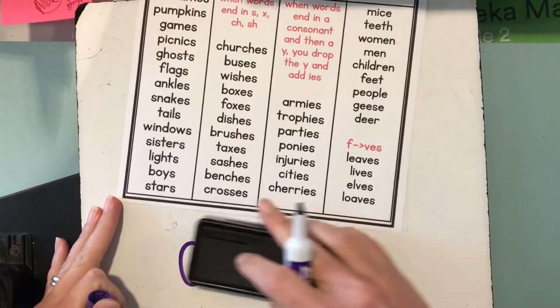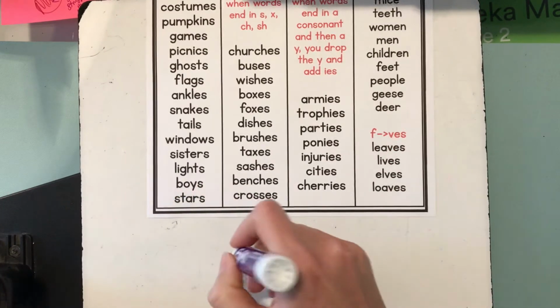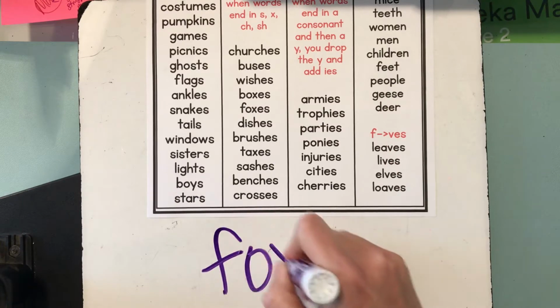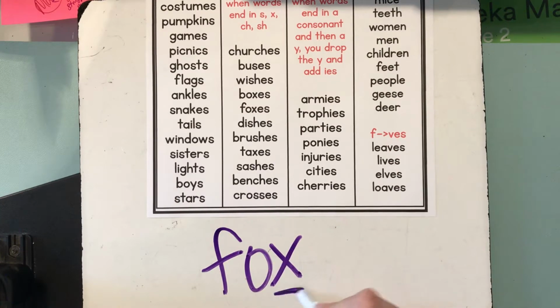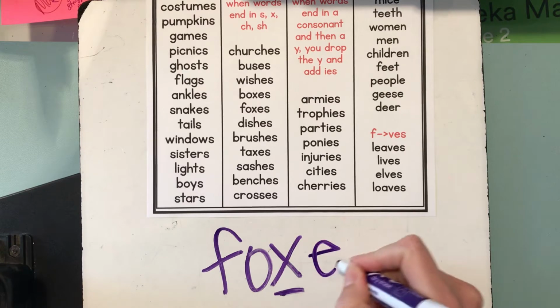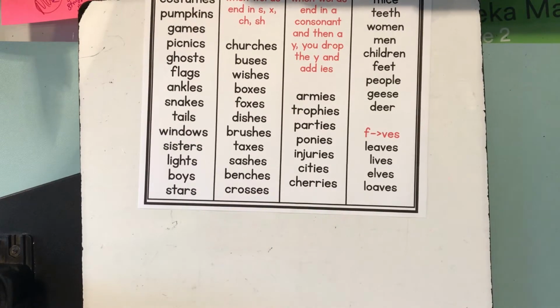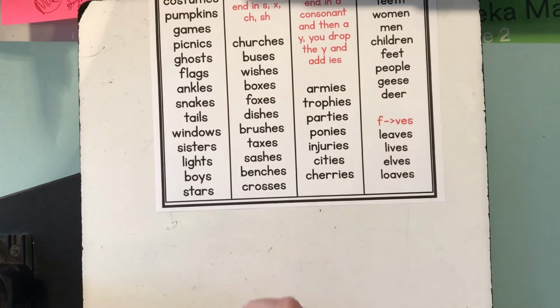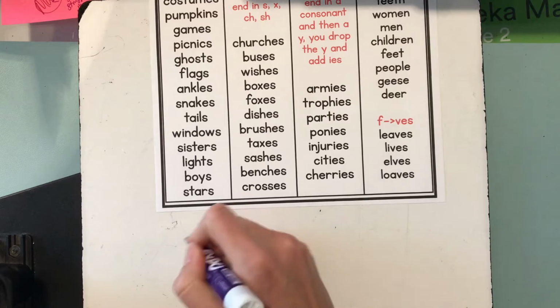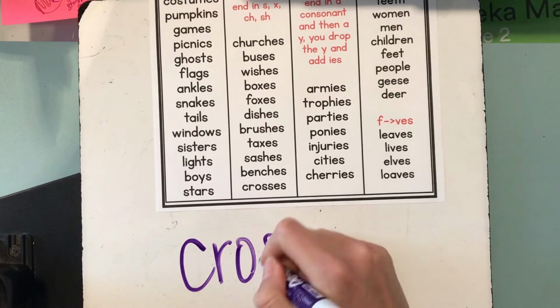If we had fox, I know it ends in X, and now I have to talk about more than one fox, I have to make it plural. So knowing the rule, I know that I need to add ES, okay? And how about if it ends in an S, like cross?